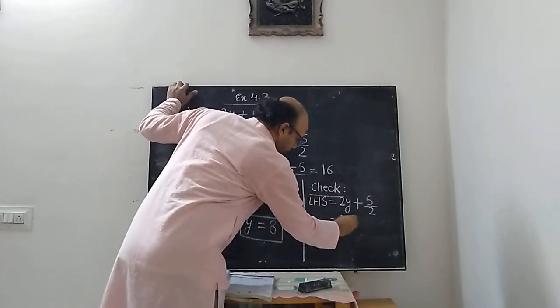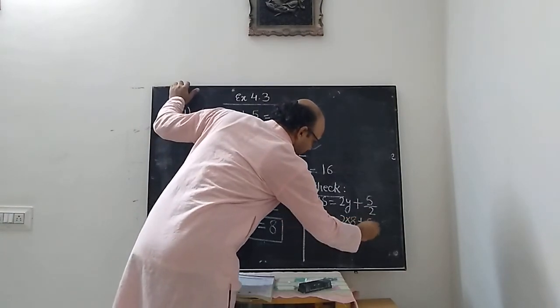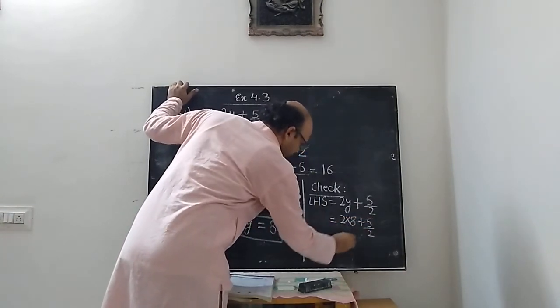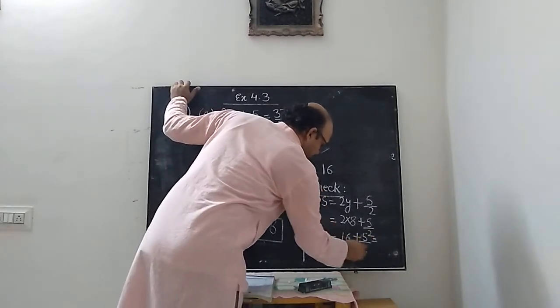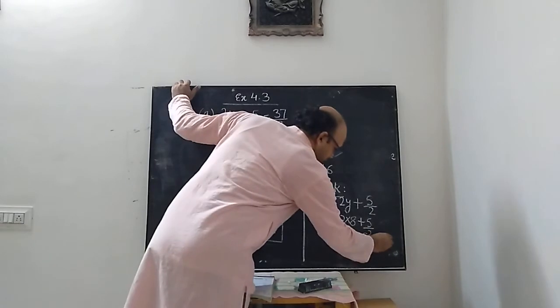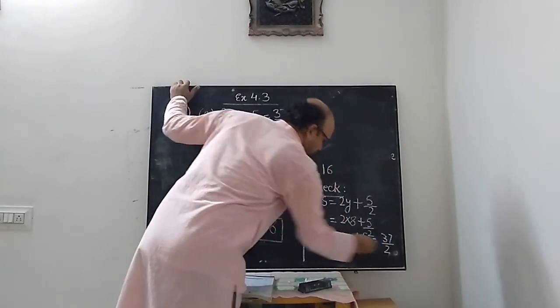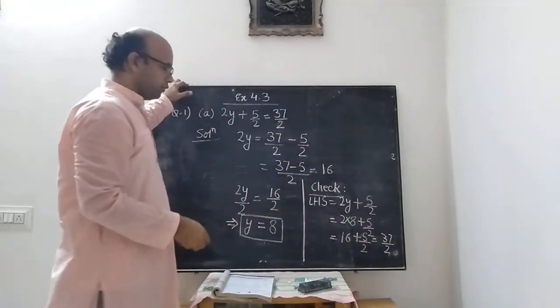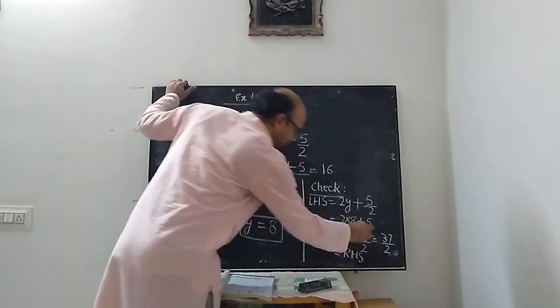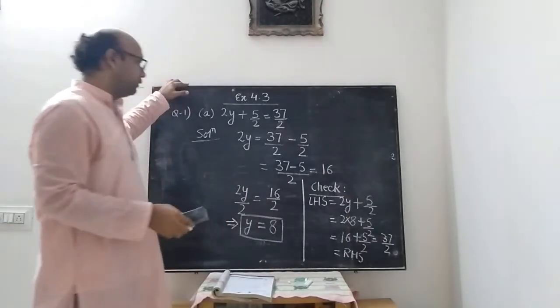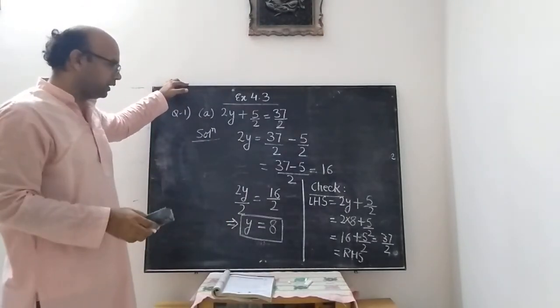So 2 into 8 plus 5 by 2. So this is 16 plus 5 by 2. That is 32 plus 5, 37. So you have 37 by 2, which is equal to RHS. So the solution we have found is absolutely right. This is how you will be solving.